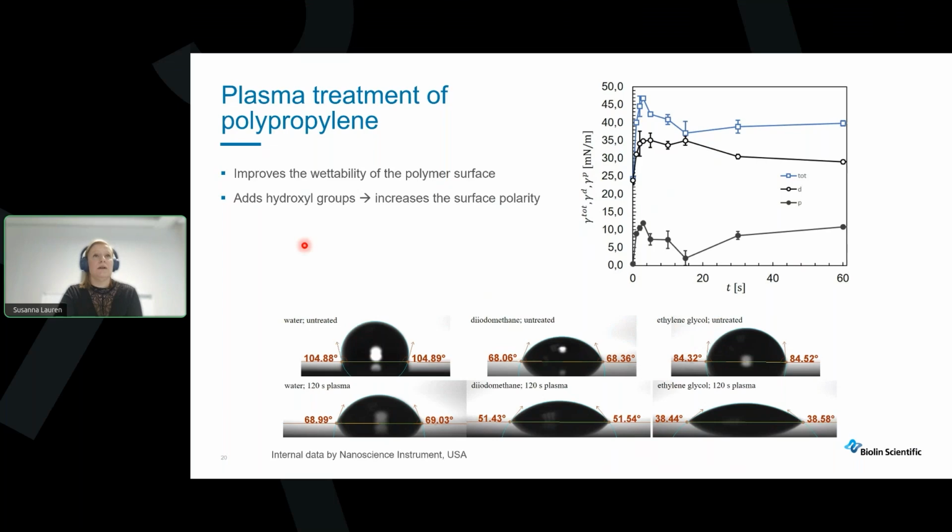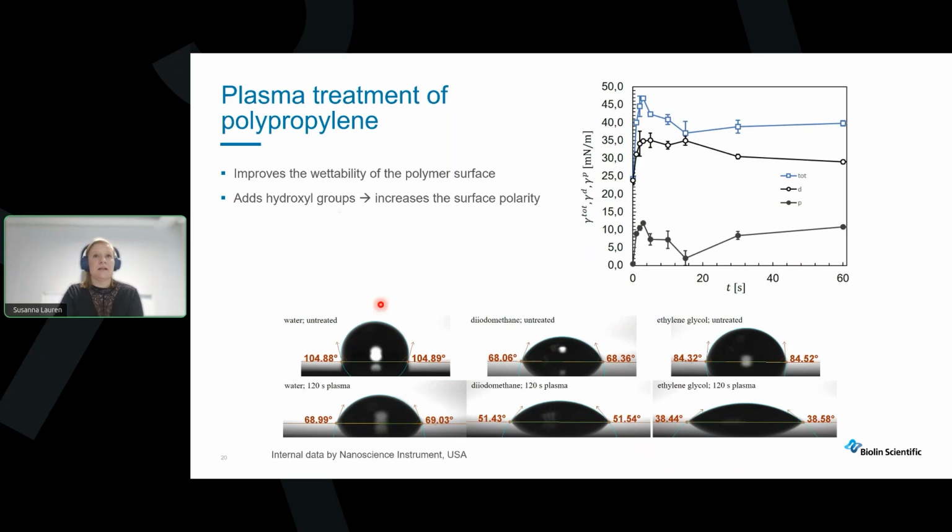And now, if I remember correctly, this was done with oxygen plasma, so there was actually some hydroxyl group added to the surface of the polymer, which then increased the surface polarity.